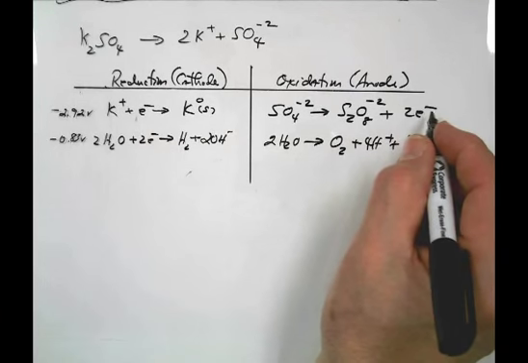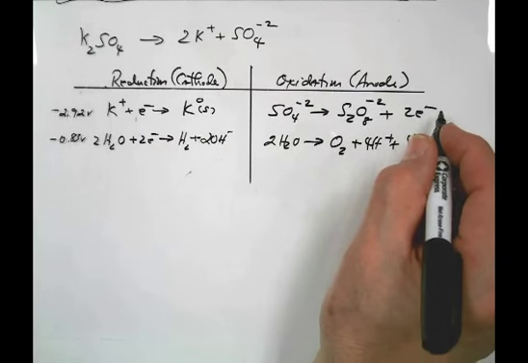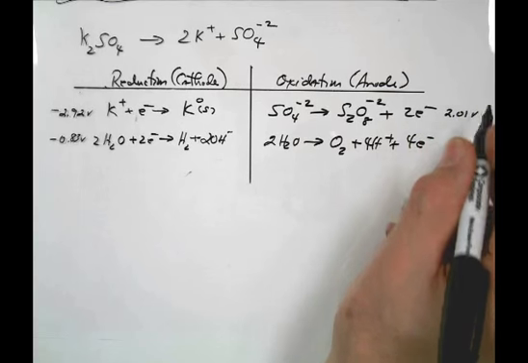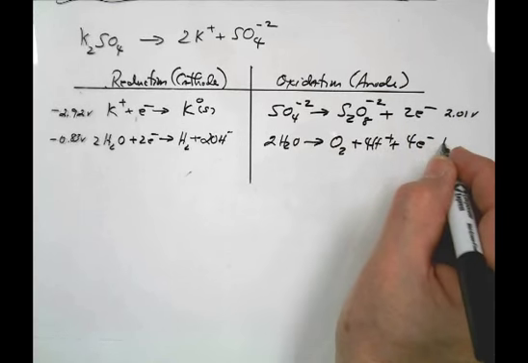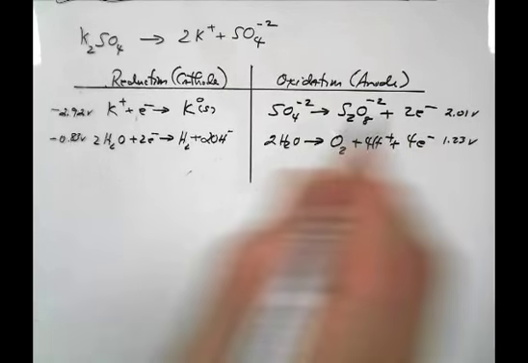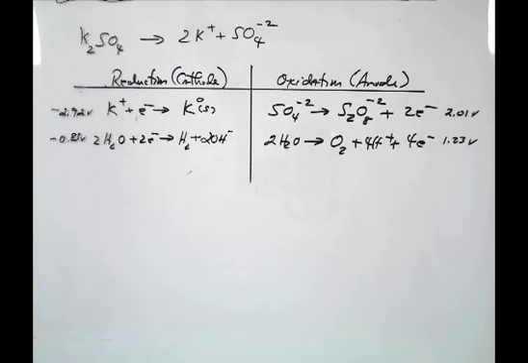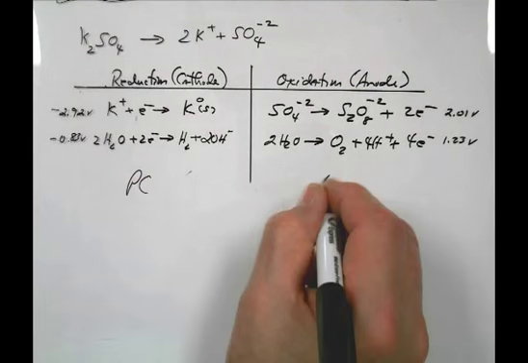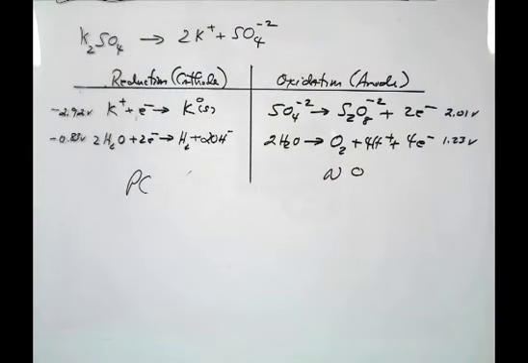And the sulfate is 2.01 volts. And the water is 1.23 volts. If I haven't misfired on that one. Yeah, that's a minus 2.92. That's correct. Okay.